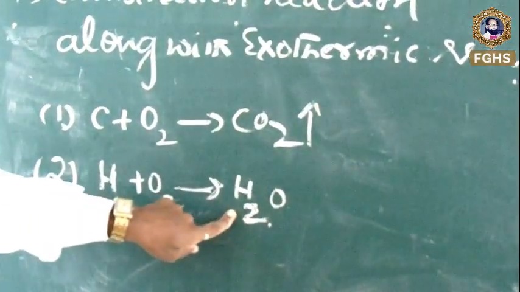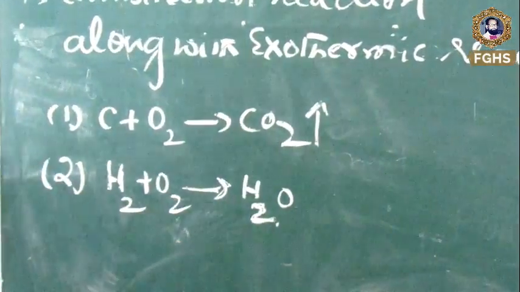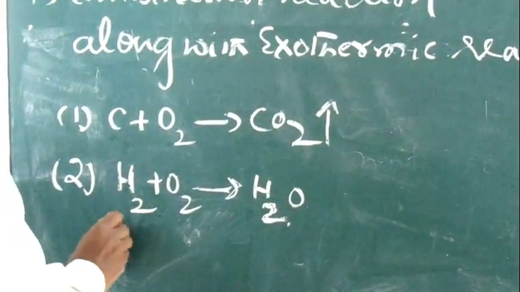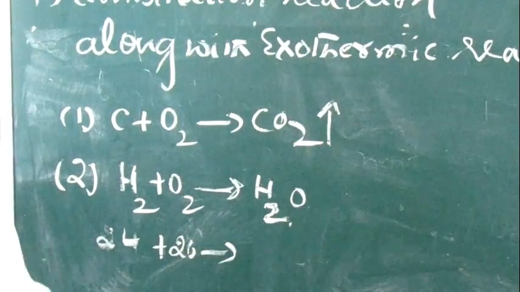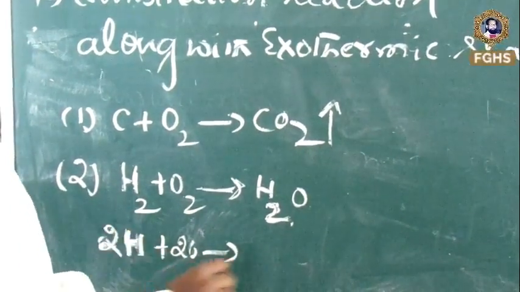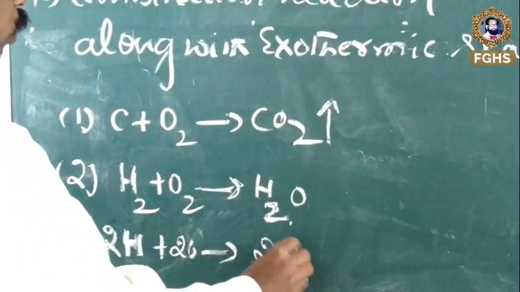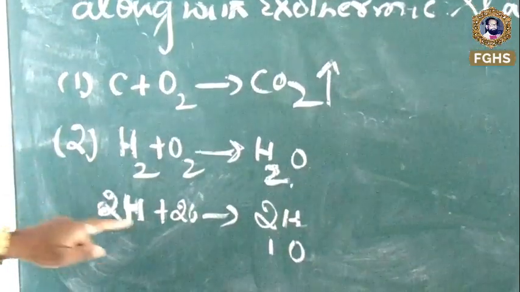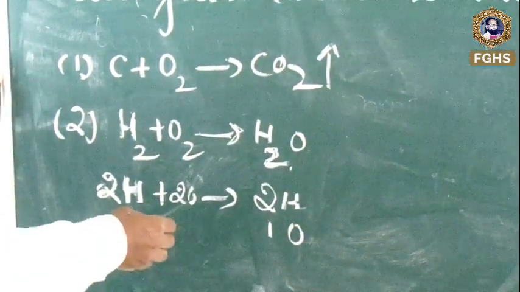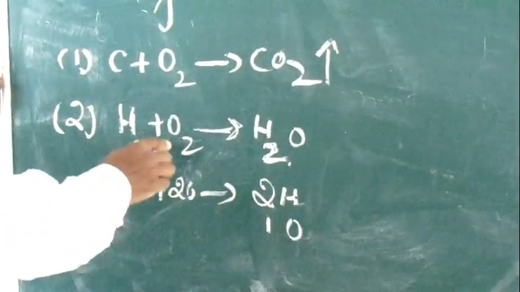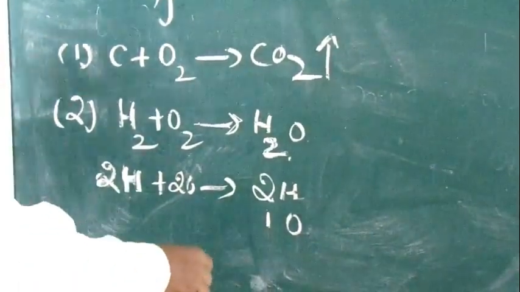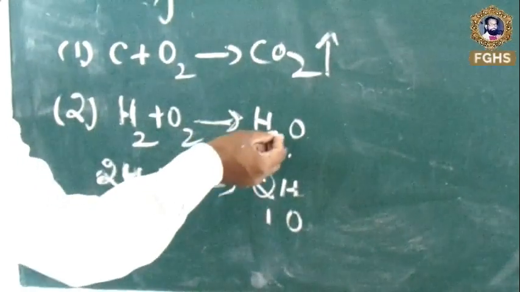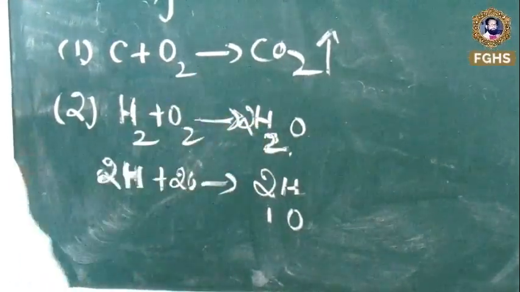Here we have to balance the equation. There are 2H here, and 2O on the product side. On the reactant side there are 2 hydrogen and 1 oxygen. What we have to balance here is oxygen. In order to make the oxygen 2, I am going to add 2 here.